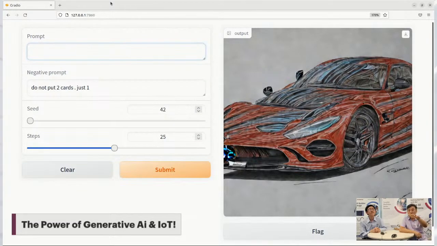Later on, we are going to show you how this generative AI is running on our fanless industrial PC. This is the 11th generation. We have compared a few different platforms. On OpenVINO, this 11th gen runs best.